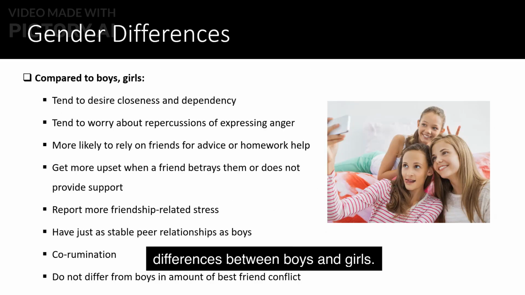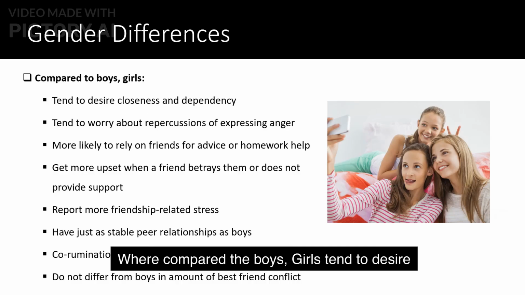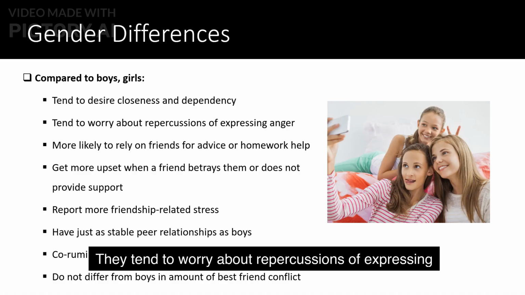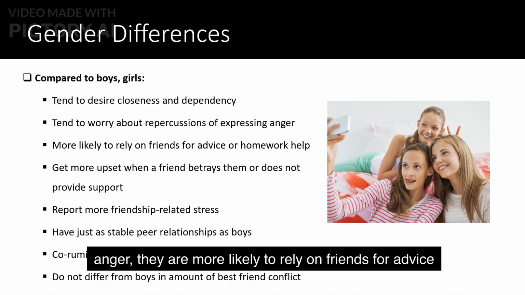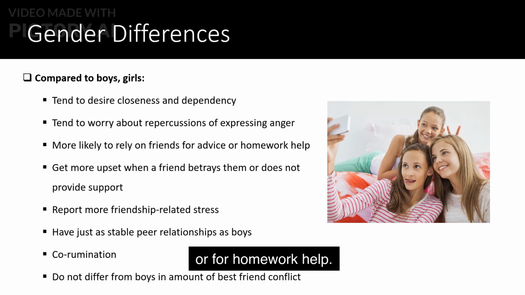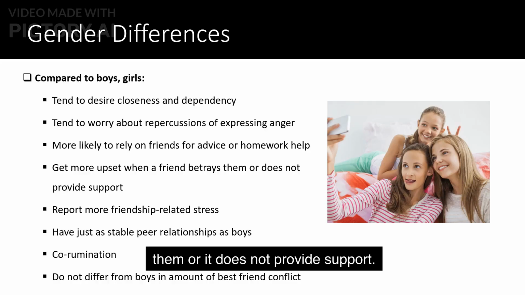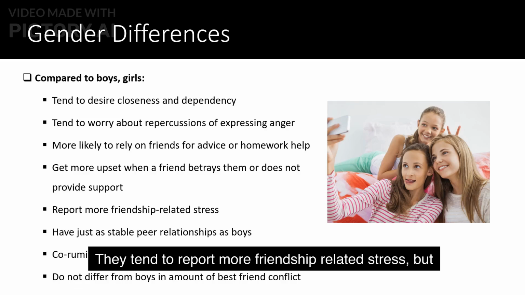Going back into friendships, the book highlights differences between boys and girls, where compared to boys, girls tend to desire closeness and dependency. They tend to worry about repercussions of expressing anger. They are more likely to rely on friends for advice or for homework help. They tend to get more upset when a friend betrays them or does not provide support.